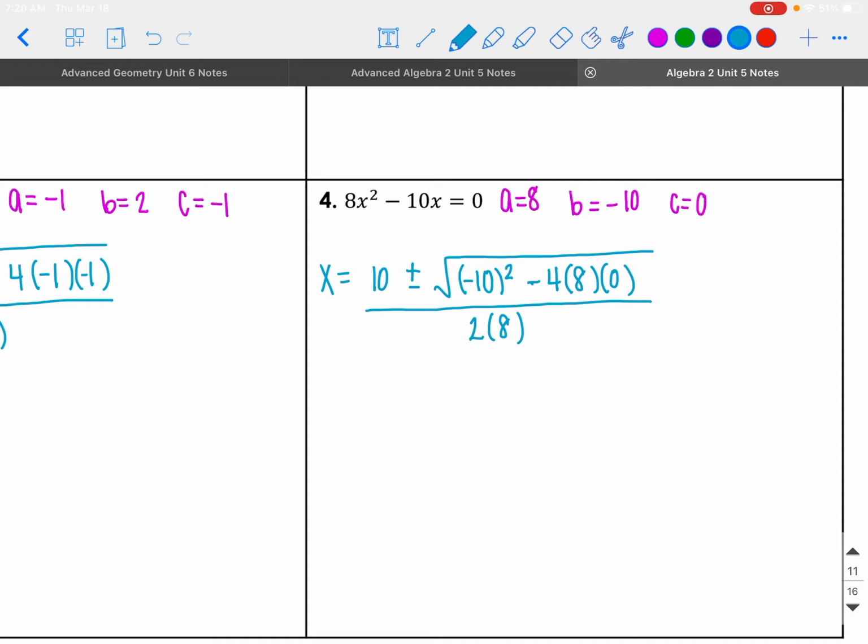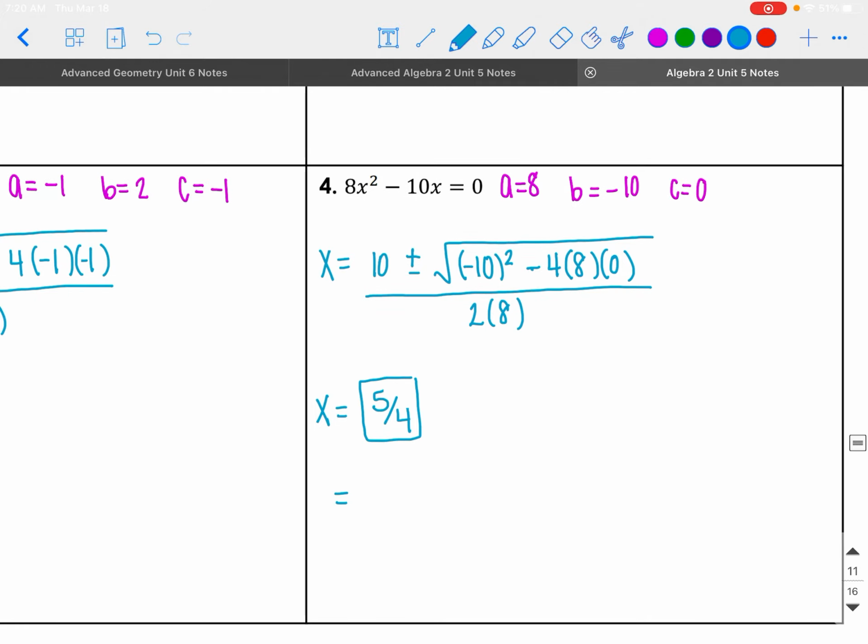So type this in. And we get 5/4. That's what I got when I used the plus sign. I'm going to go up and change it to the minus. And we get 0.